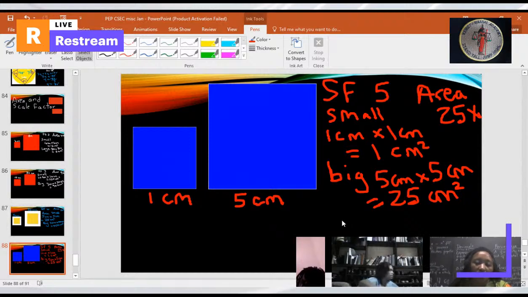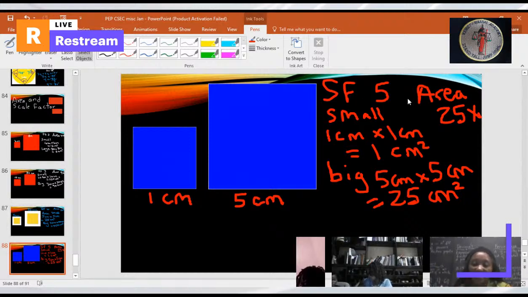Miss, the pattern is that the area of the bigger square is always the square of the scale factor. Okay, so you're saying the area of the bigger square is the square of the scale factor times the smaller one.